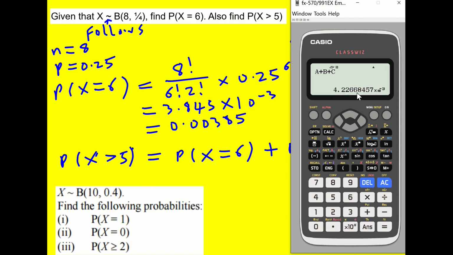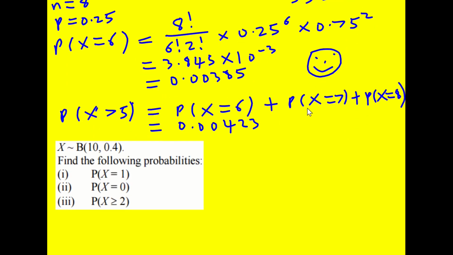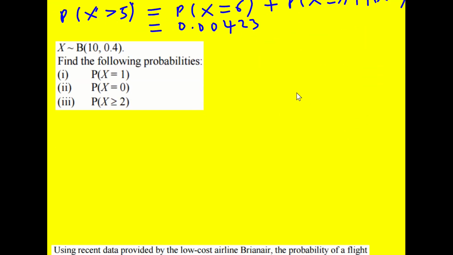Okay, this fraction, and then we have 0.00423. Brilliant. So we can now apply the binomial distribution, and we can do it using our ClassWiz calculator. Okay, next question. Have a go at it.